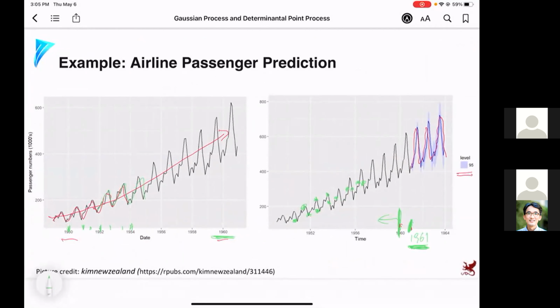Okay, now I'm confused. I thought that to form that Gaussian process, we really need to observe multiple points. In order to really estimate that Gaussian process, we need to define the kernel.